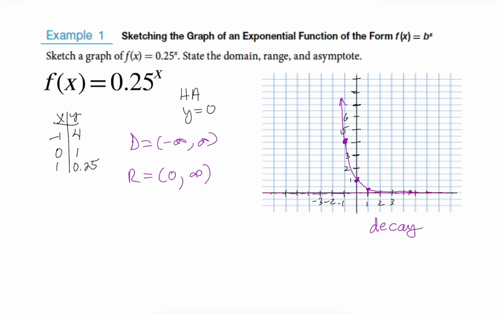Those things still work for an exponential function. But you've got to remember, that's the inside of the function. So if something happens up here, it's going to affect our x value. If something happens out here, it's going to affect our y value.